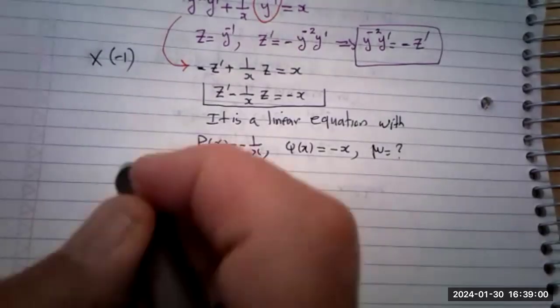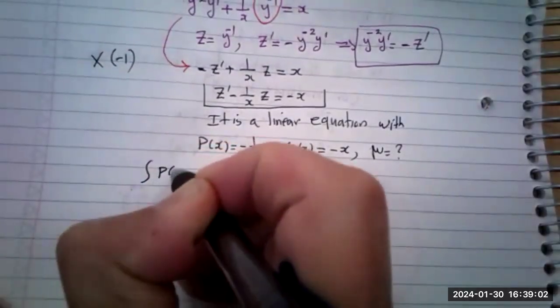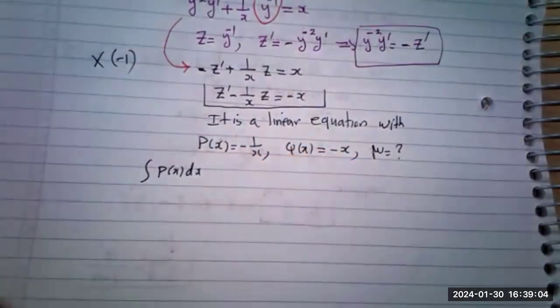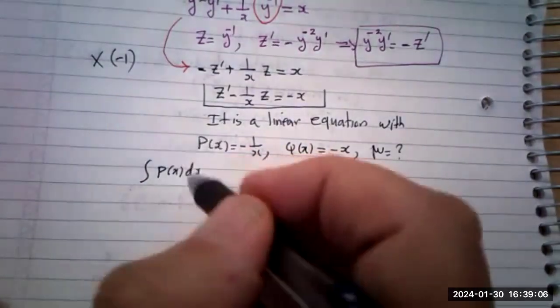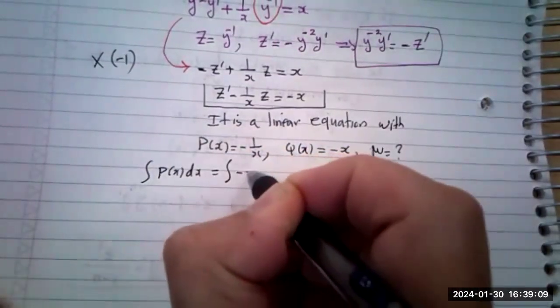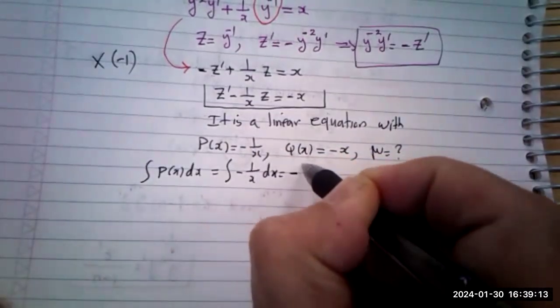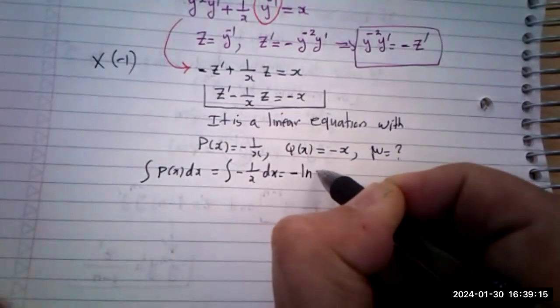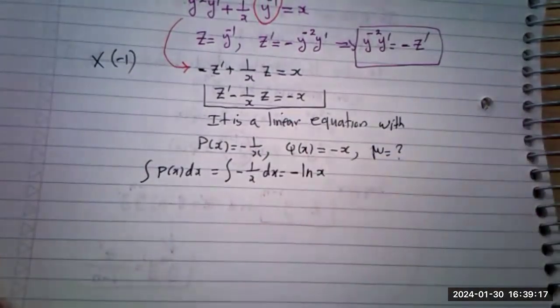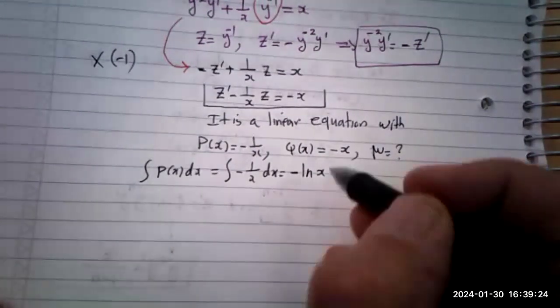Find the integral of p of x dx. It's going to be equal to the integral of negative 1 over x dx. It's going to be negative ln of x. We don't need the absolute value; assume that x is positive. So move this negative up.